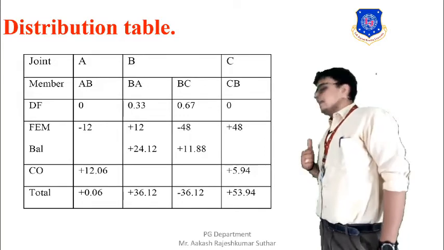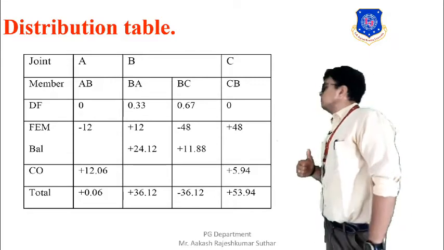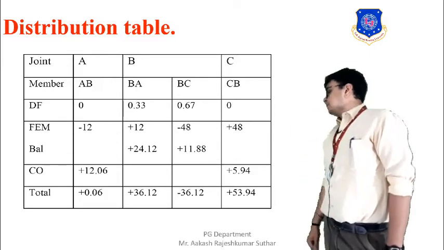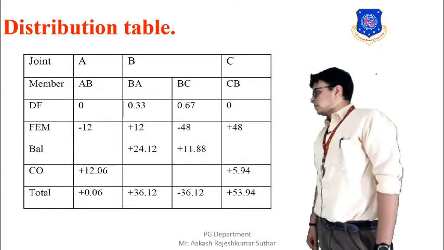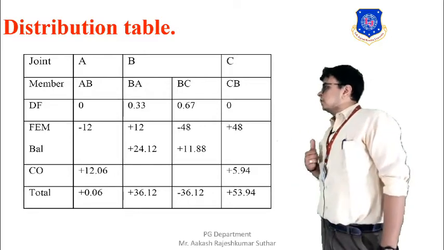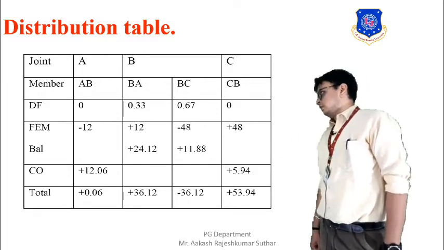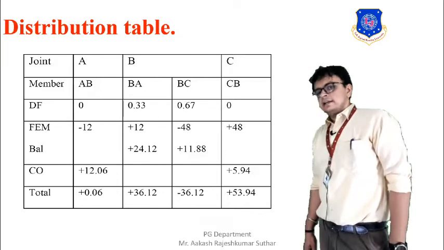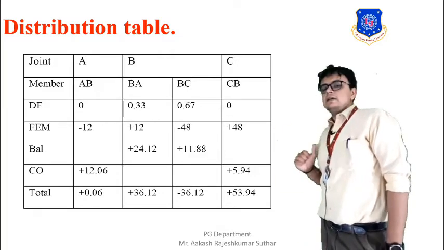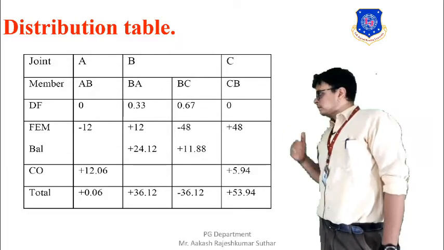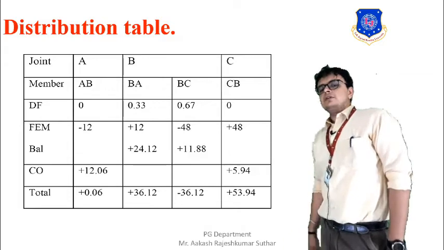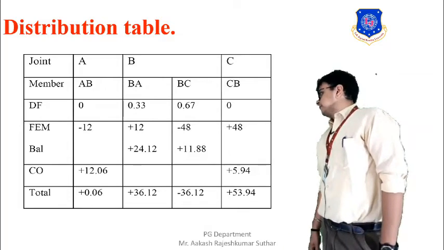The BA member will have a positive value of 12 kilonewton meter. Moving to the BC member, we have minus 42 kilonewton meter, and for the CB member we have positive 48 kilonewton meter.